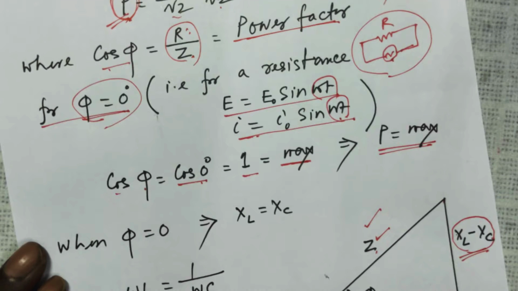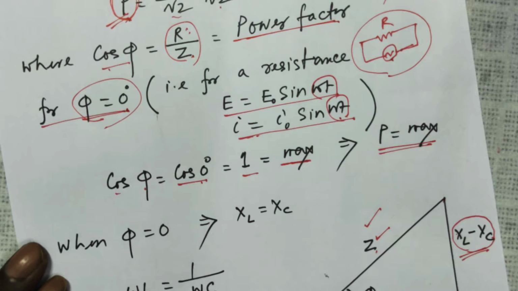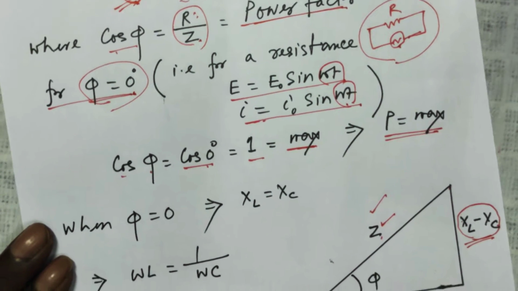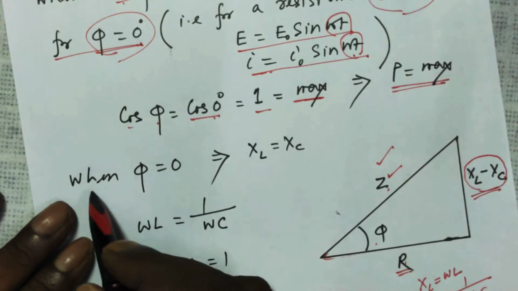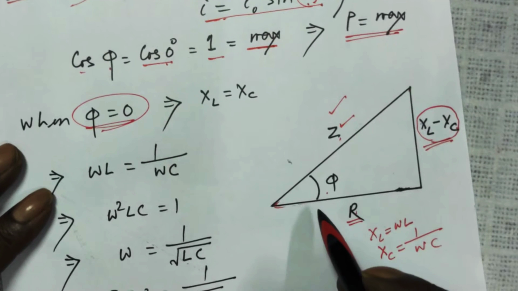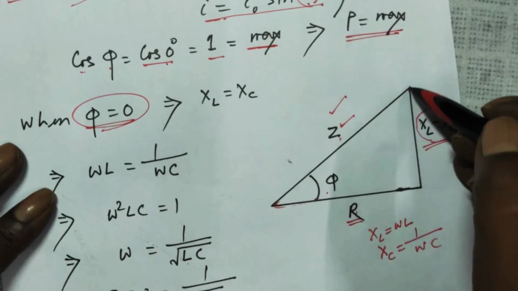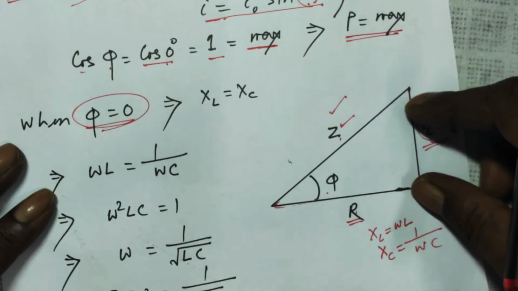Now, if that is so, let us find out at what frequency this takes place. When this phi is equal to 0, what is the frequency of the circuit at which the power consumed is maximum? Now look, when phi is equal to 0, if you look from the triangle also, this part is 0, therefore the length of this side is 0.